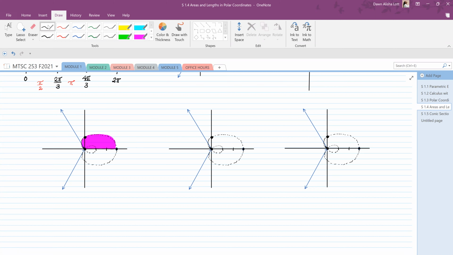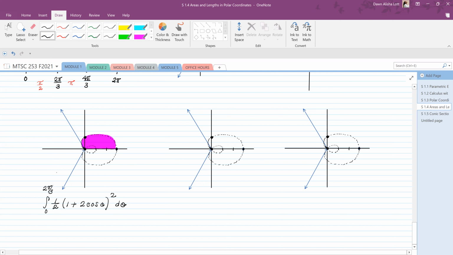So this piece is the integral from 0 to 2 pi over 3 of 1/2 r squared, which gives me (1 plus 2 cosine theta) squared d theta. Okay, so that is going to give me that whole piece.